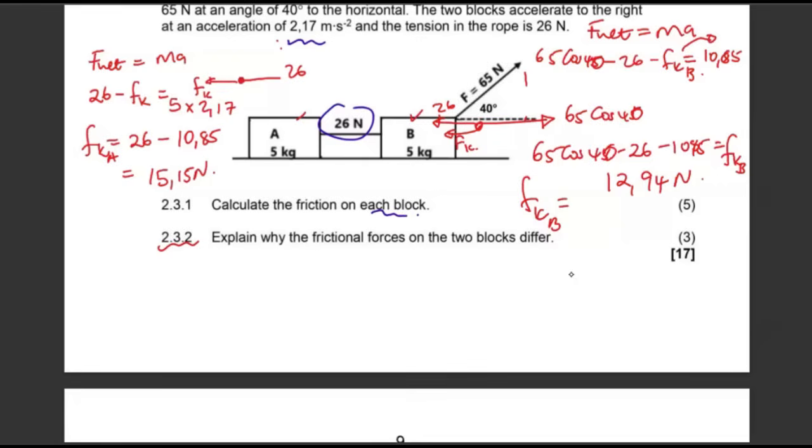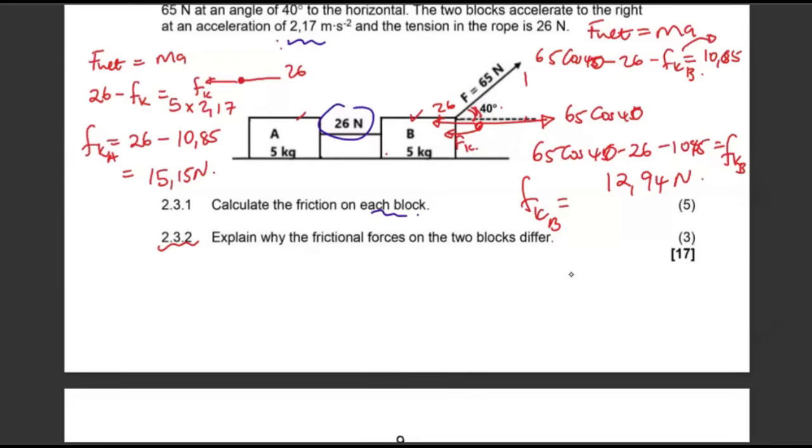And two, when you look at the angle, this 40 degrees, there is a way it's going to affect the friction that is acting on block B. And yet with block A, there's no angle, there's no force like that acting on that.